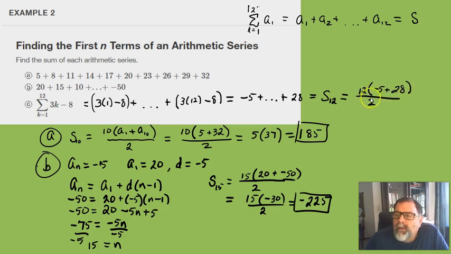So that's 23 times 12 divided by 2, or 23 times 6. 23 times 6, so we get 138.